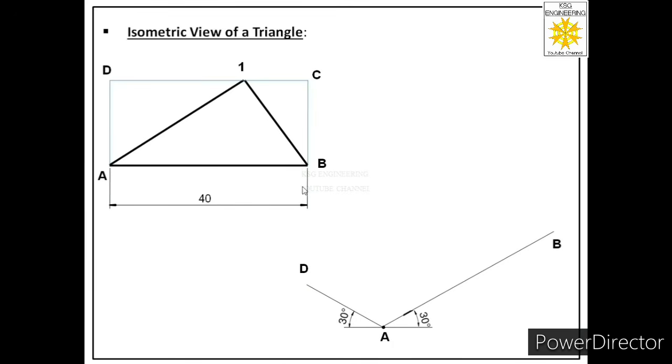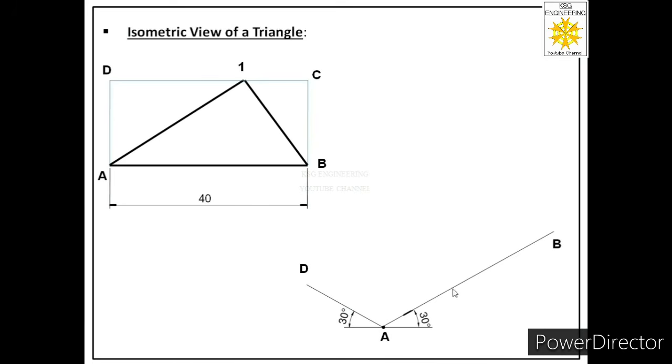Then in order to complete the isometric view of this rectangle, we need a length in front of this isometric axis over here, which will be of the same length and parallel to AD. Similarly, in front of this length, we need another length of the same size and parallel to AB. For that we will use the compass.